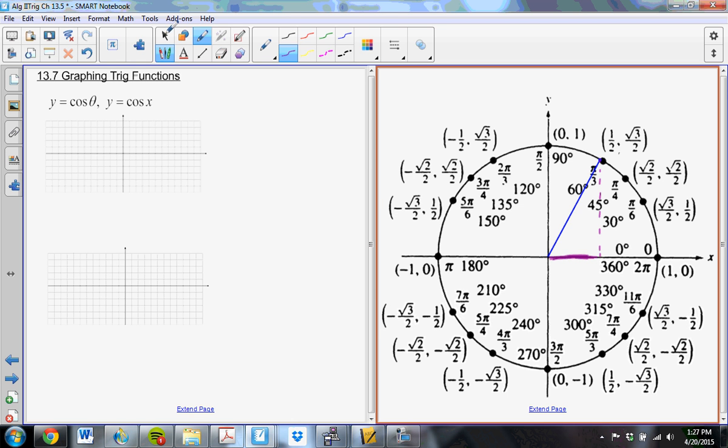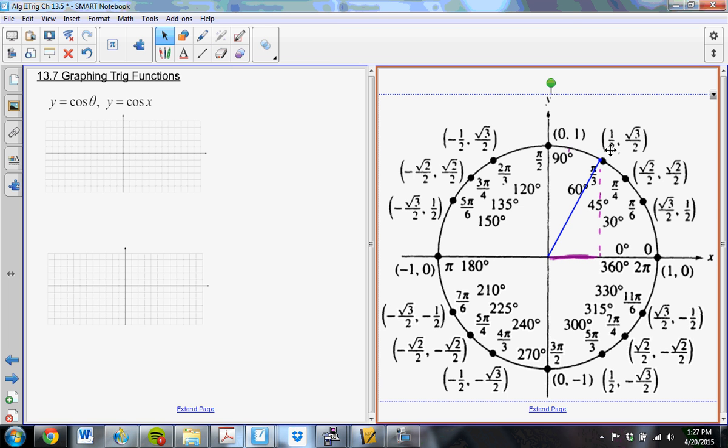As the angle theta increases, the horizontal distance keeps on shortening. It was at about a half right here, but then as this moves, it gets shorter and shorter.